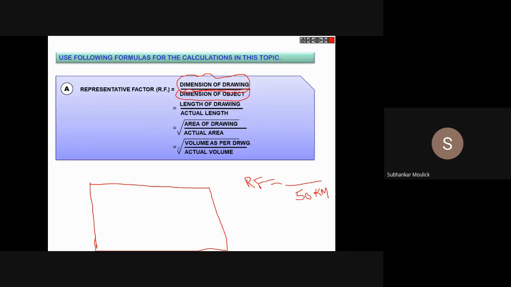So I can draw this 50-kilometer length line by a 10 centimeter line. Yes or no? Yes, I can draw it. Then this 10 centimeter becomes the dimension of drawing that we are doing in my drawing sheet, and this 50 kilometer becomes the actual dimension of the object. Is it clear to you?